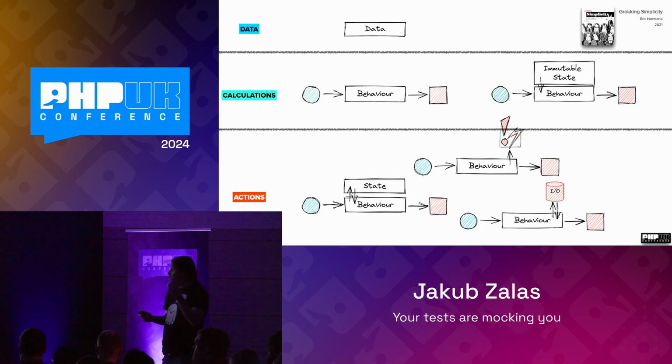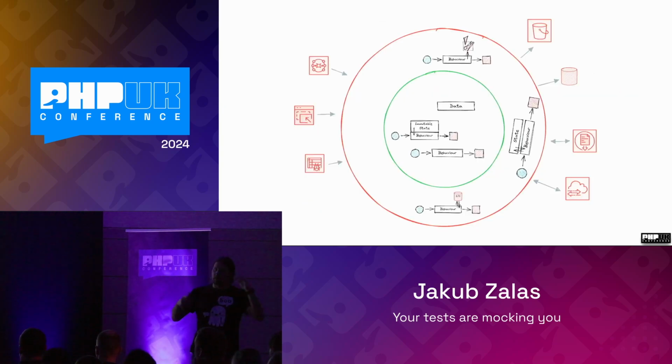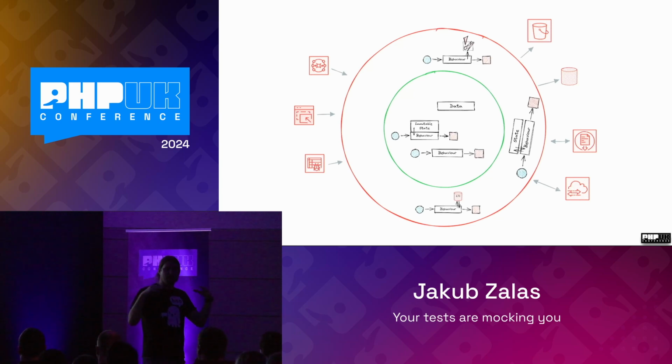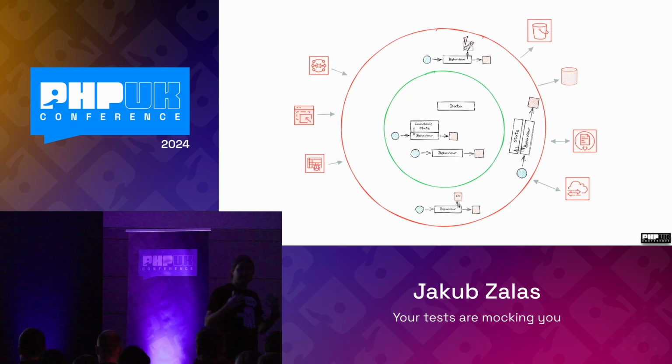So there are application architectures that talk about it, like functional core, imperative shell, where we focus all our pure behaviors in the center, so our domain model is actually pure and immutable, and then push all the bad, dirty things outside to the edges of our application.